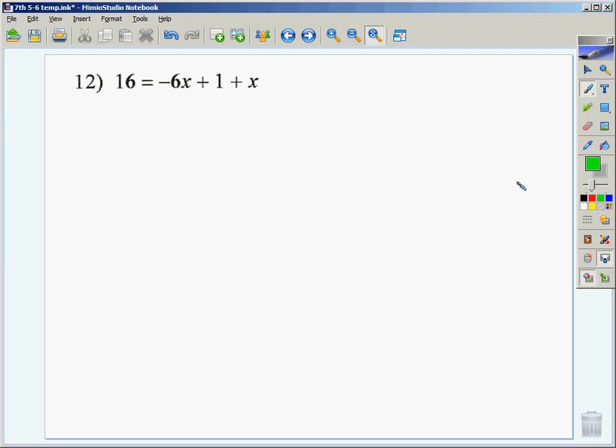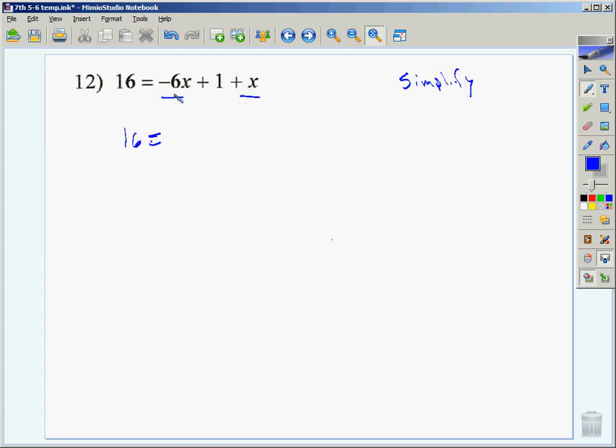Number 12. Again, first thing that we're going to do is simplify. We're going to combine those like terms. So I'm going to take the negative 6x and the x and put it together. So 16 equals negative 6 and a positive 1x.